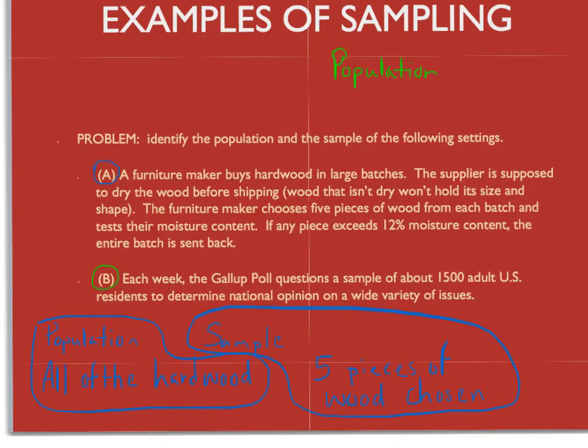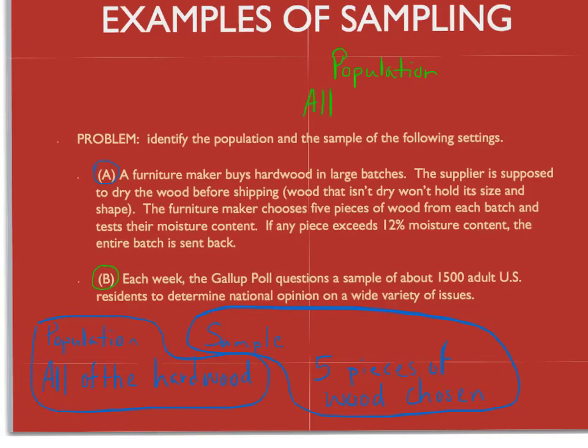Okay, the next problem. Each week, the Gallup poll questions a sample of about 1,500 adult U.S. residents to determine national opinion on a wide variety of issues. Okay, the population for this situation is all of the United States residents.